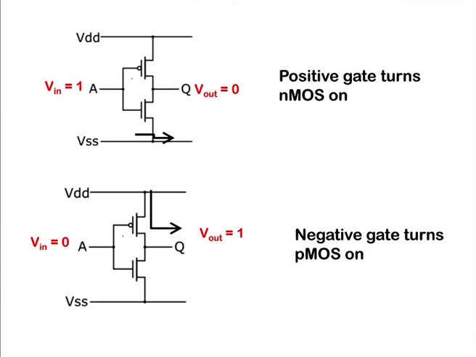If you apply Vin 1, that means above the threshold voltage, the second transistor, the NMOS, will come into the conducting state and our output will be 0. In the other case, if we apply 0, the negative gate turns PMOS on and our output will be 1.